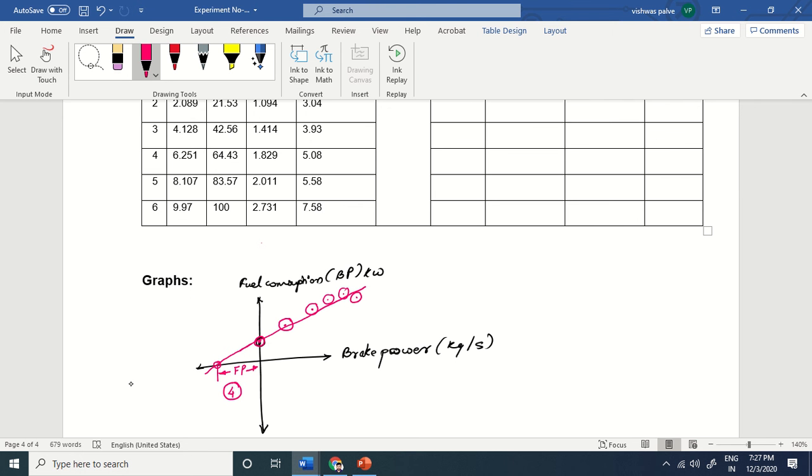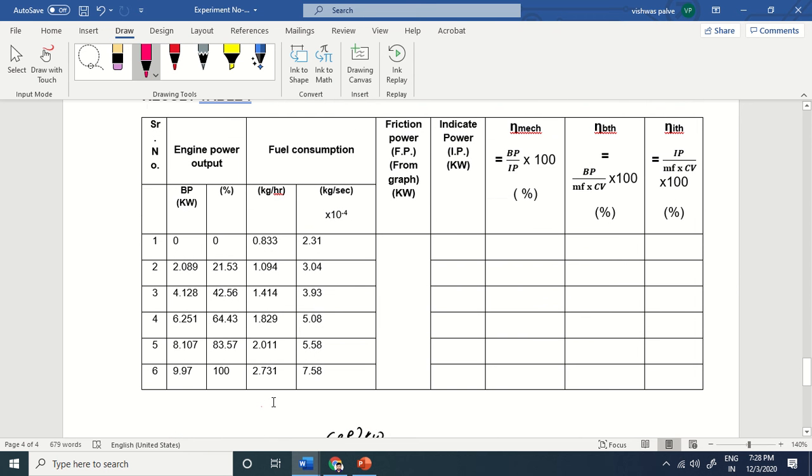Here and there it can range from 3.5 to 4.5. So don't worry if your value is from 3.5 to 4.5, it's okay, because this is an experimental method for calculating the frictional power. So our frictional power is 4.